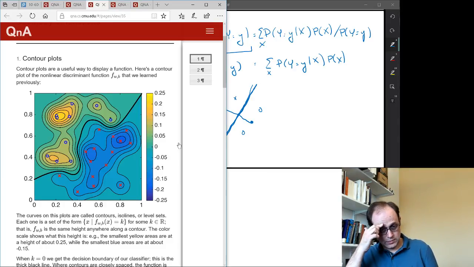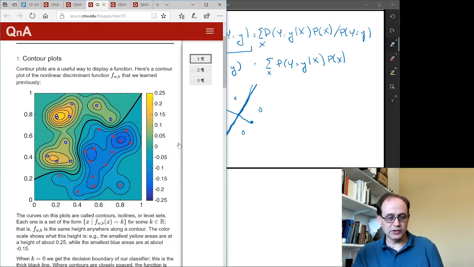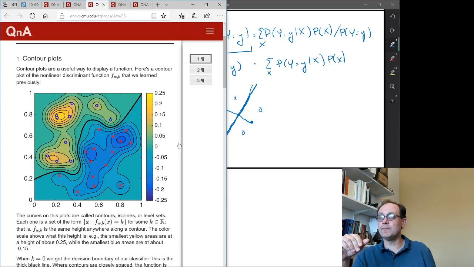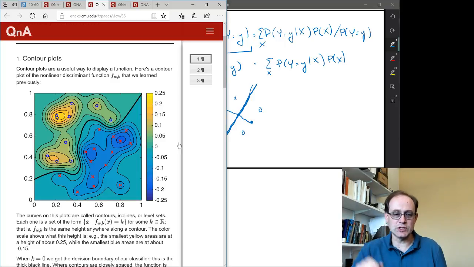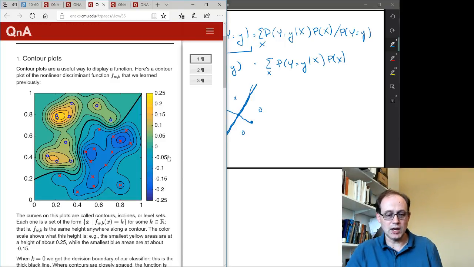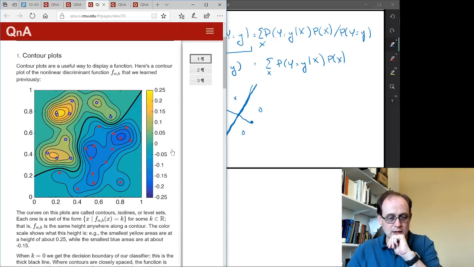If you've seen this before, this is easy, but if you haven't, it's a very useful way to display a function. And there are subroutines in the Python libraries that will let you make contour plots. Same with MATLAB, other standard languages for doing numerical methods. So here is a contour plot.